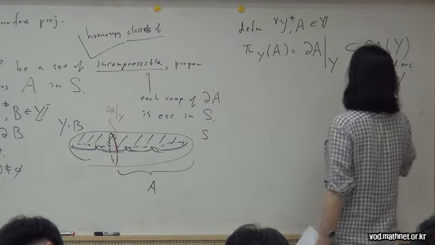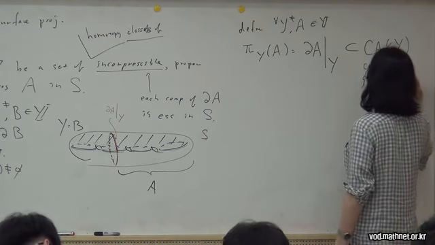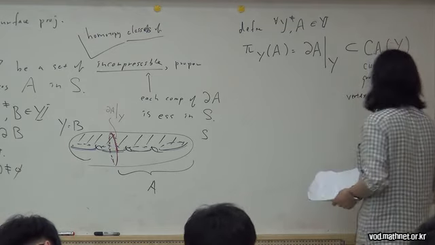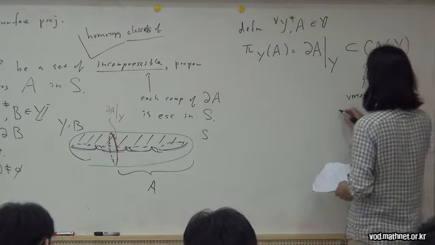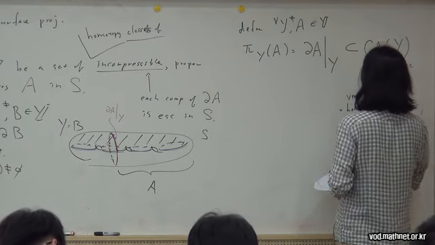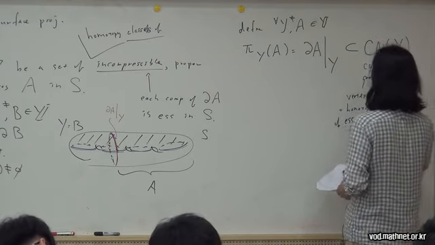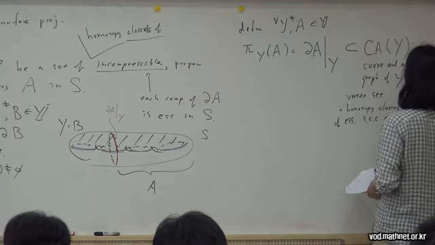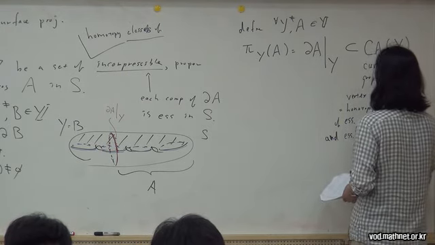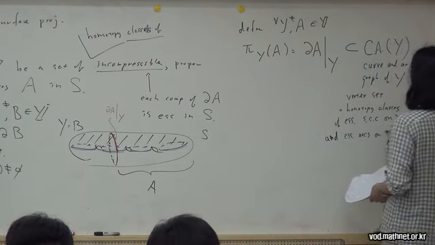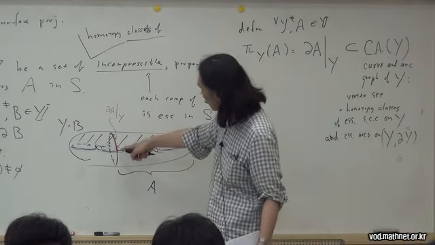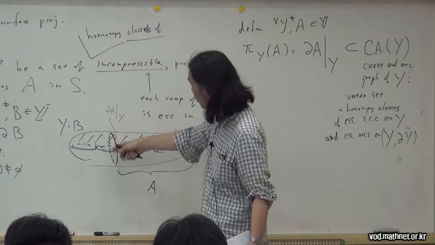Namely, I just do the same thing. The vertex set is homotopy classes of essential simple closed curves on Y and essential arcs on Y, with endpoints on the boundary of Y. An arc starts from one boundary component and ends at maybe another boundary component.